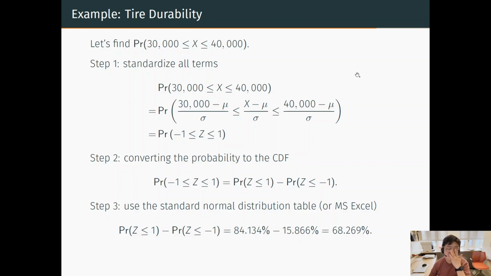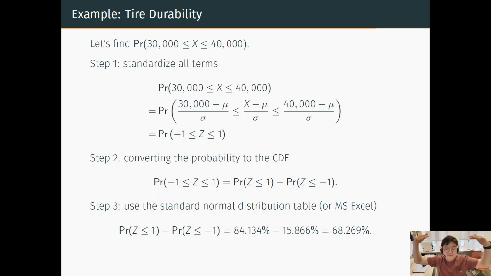The third type is interval, right? Now let's find probability between 30,000 and 40,000. The first step is standardization, right? In here, when you standardize x in the middle, you have to standardize left and right at the same time. There are three terms because there are two inequalities.